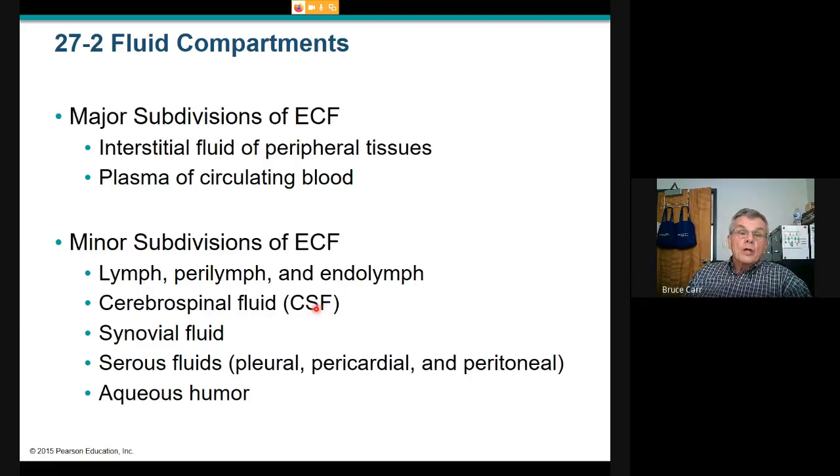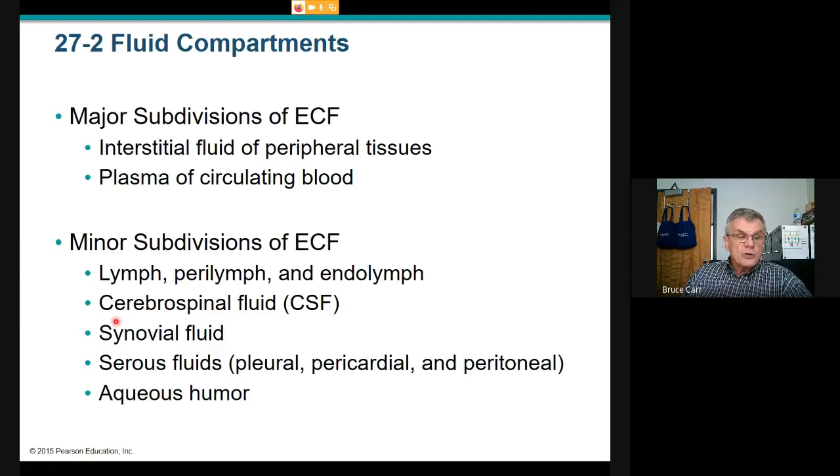After it's circulated around the central nervous system tissues, it's picked up waste, it's picked up contaminants, and that exiting cerebrospinal fluid is treated as waste by the body.